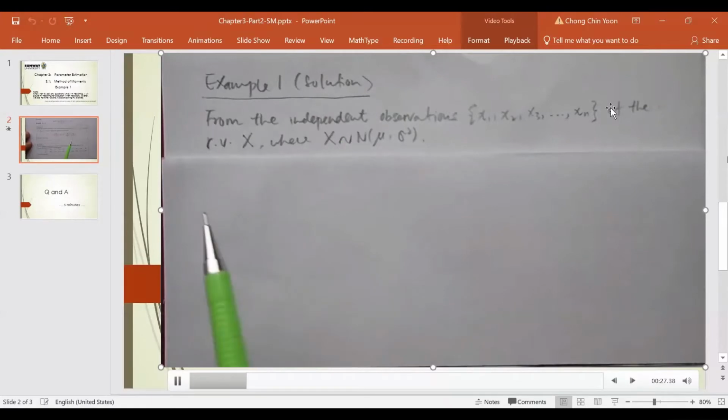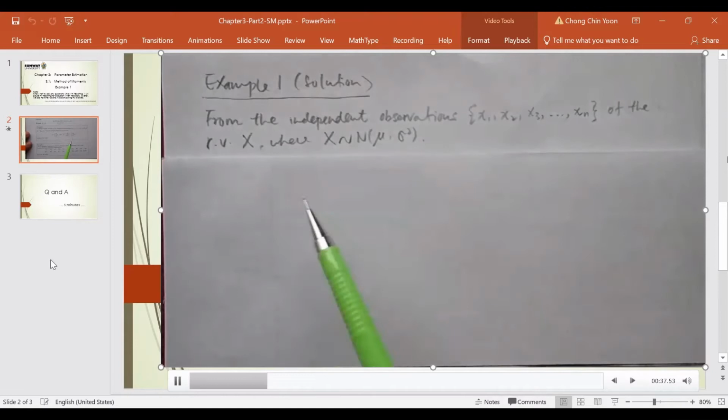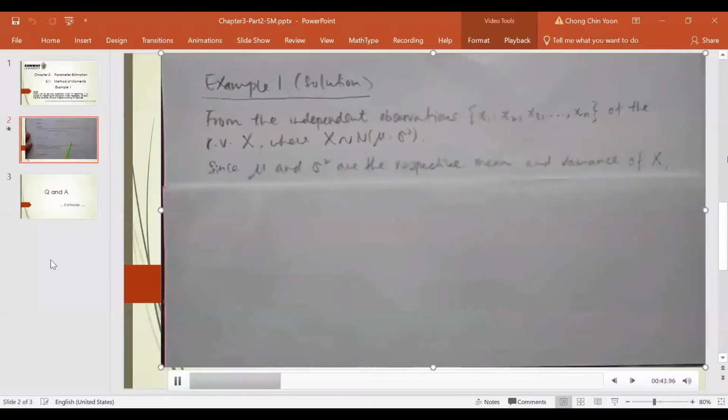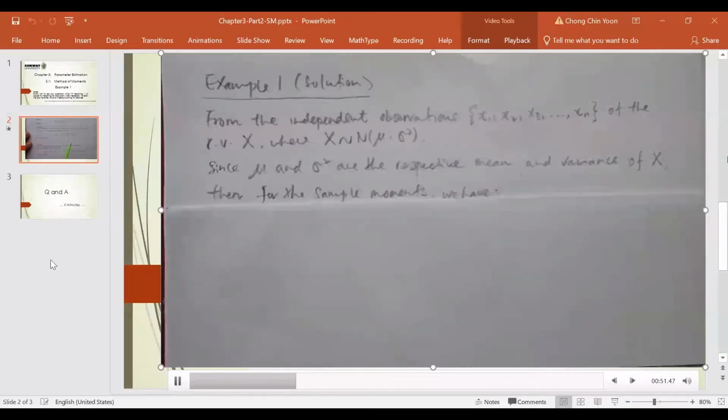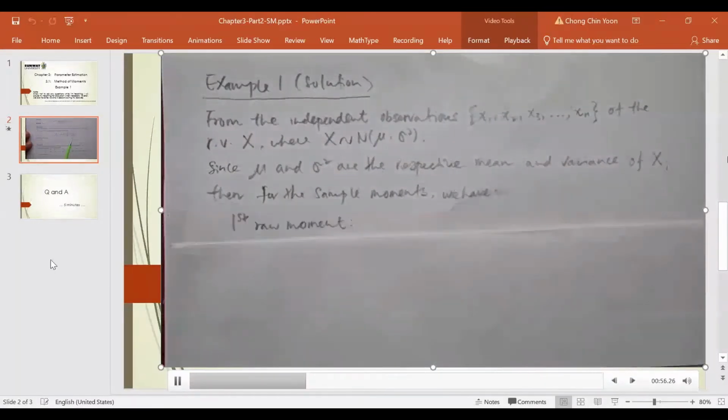Solution for example 1. From the independent observations X1 to Xn of the random variable X, where X is normally distributed with parameters mu and sigma squared, since mu and sigma squared are the respective mean and variance of this random variable X, then for the sample moments, we have the following.